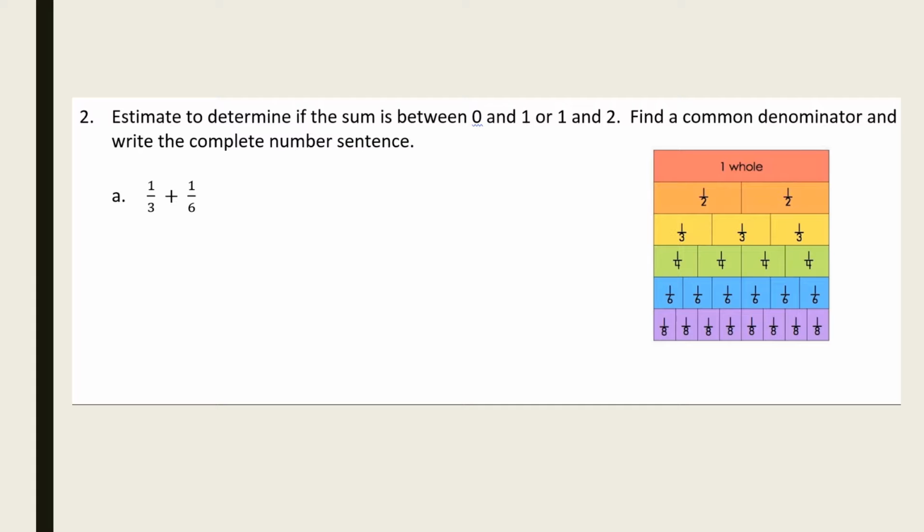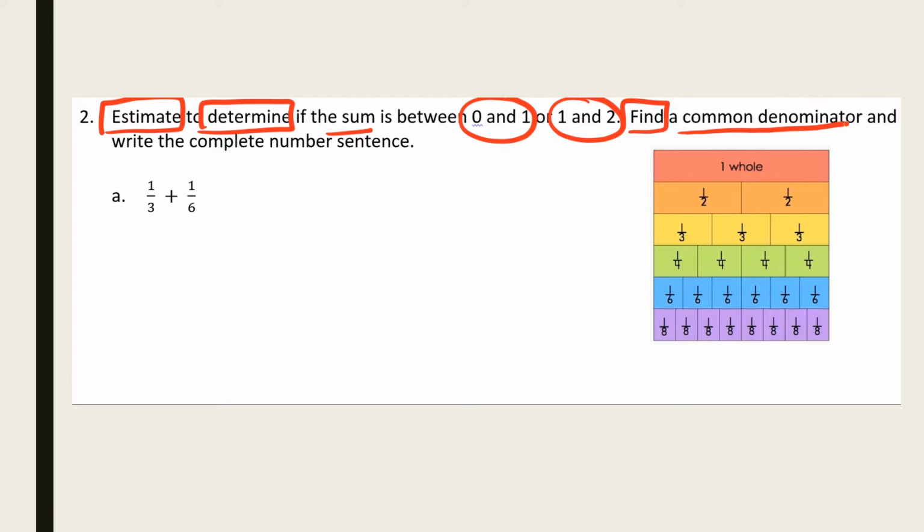Once again, we'll cube to figure out what the problem is asking us to do. Estimate to determine if the sum is between 0 and 1 or 1 and 2. Find a common denominator and write the complete number sentence.